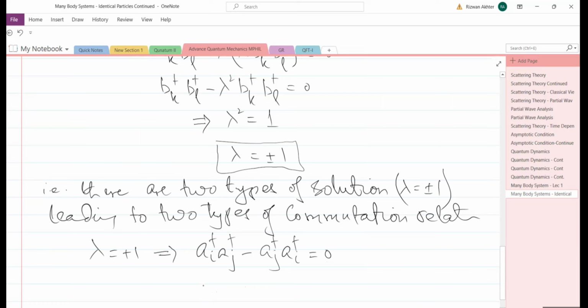Or we could write AI dagger, comma AJ dagger. So this is in fact equals to 0. This is a commutation relation.